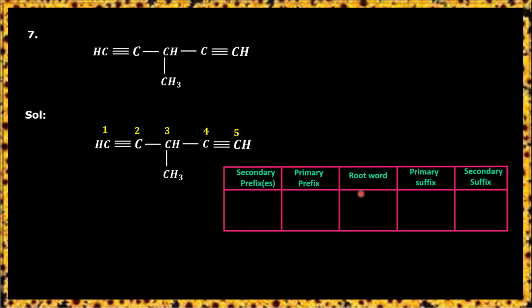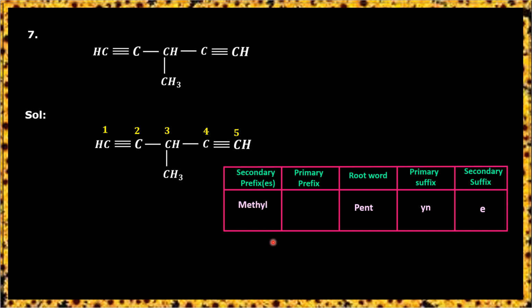So the root word is pent, primary suffix yn, secondary suffix e, and one substituent, that is secondary prefix, is there, and it is attached to the third carbon atom.